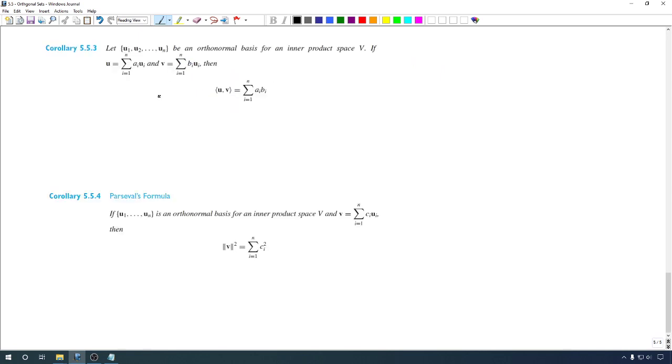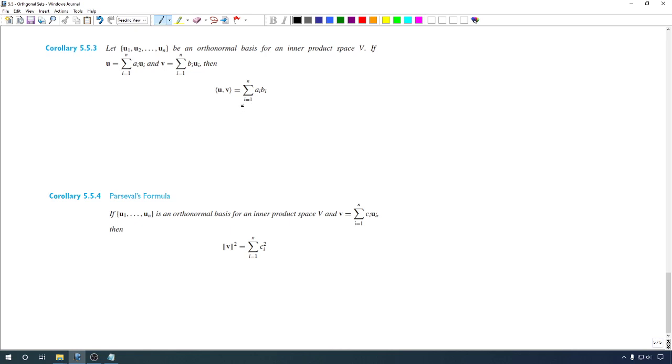We get some nice other results from this. We can use this to simplify not only coordinates but also the inner product itself and the norm. So here, if we have our orthonormal basis, we have two vectors with coordinates. U has coordinates ai, v has coordinates bi, and we can take the inner product of u and v by just multiplying the corresponding a and b, and then adding them all up.